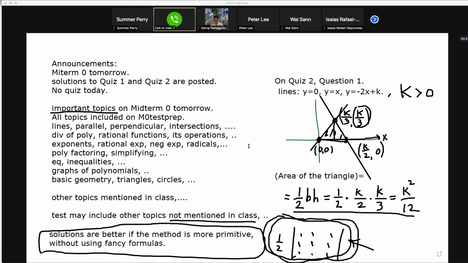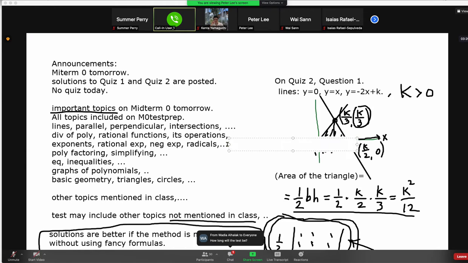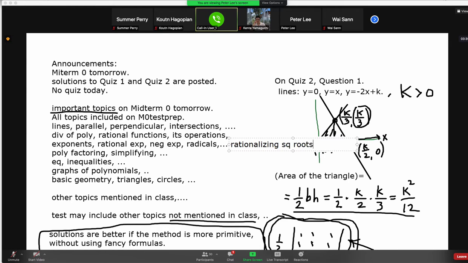I think I should add radicals here, rationalizing square roots, things like that. So let me add this here. There are a lot of topics out there, and if you look at basic geometry, there are circles and triangles and so on.